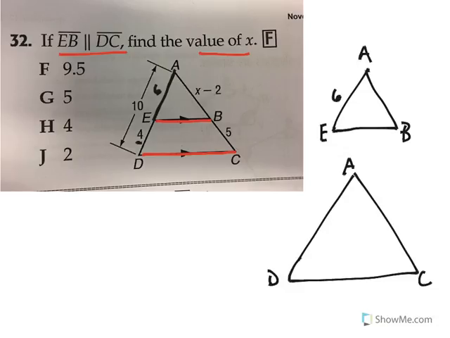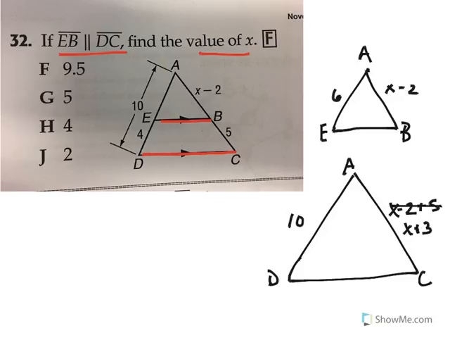The other side of the triangle, AB, is going to be X minus 2. For the big triangle now, side AD is 10, as the figure tells me. And side AC is X minus 2 plus 5, because it's going to be this whole piece right here. I simplify this, I combine like terms, and I get X plus 3.